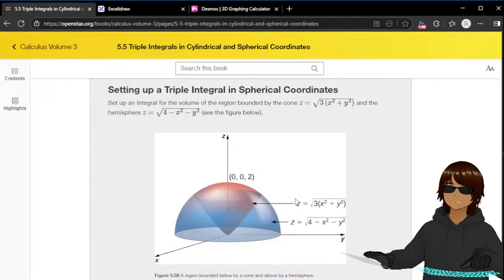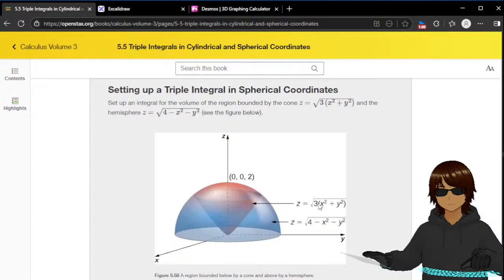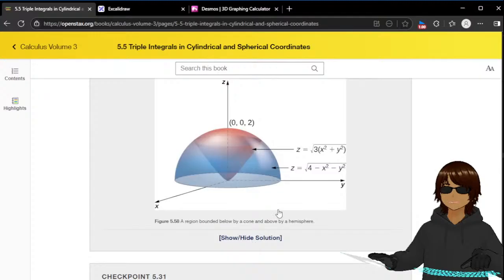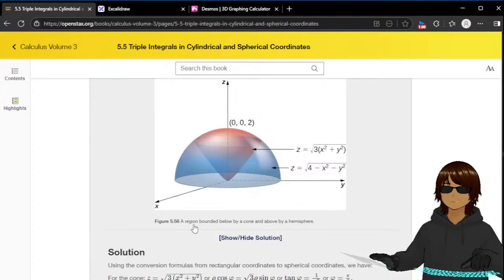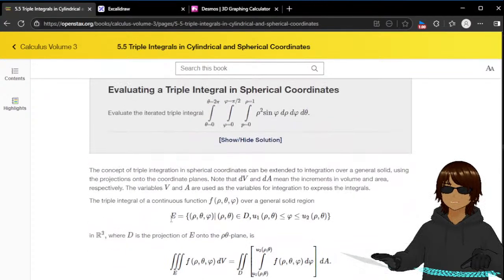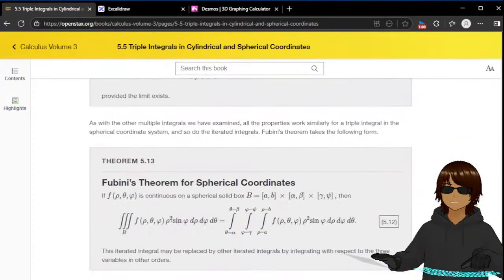So z goes from root 3 r to root of 4 minus r squared. But then r we have to convert to the other coordinates. What do you call this? Spherical coordinates.